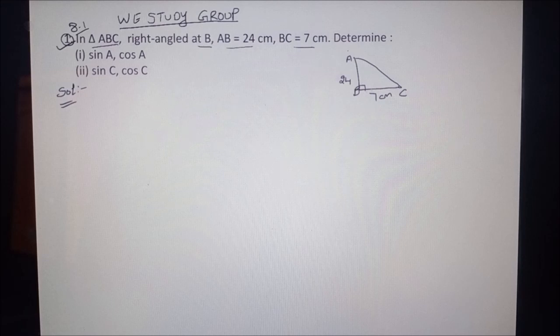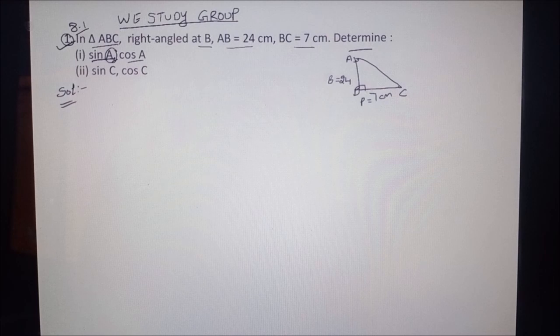Next, determine sin A, cos A. Now we have to calculate the value of sin A angle. Now for the angle A, base is equal to AB and perpendicular is equal to BC.